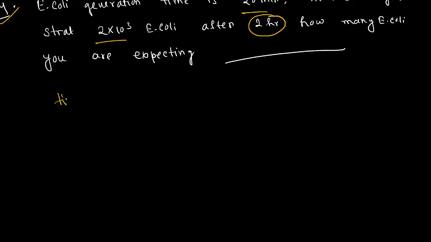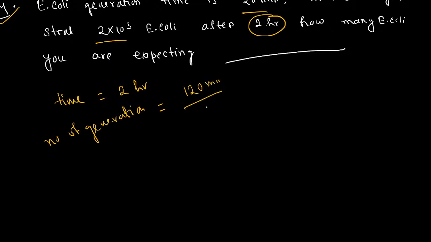Your time is 2 hours, so how do you calculate the number of generations? 2 hours means 120 minutes, and generation time is 20, so that means 6 generations.